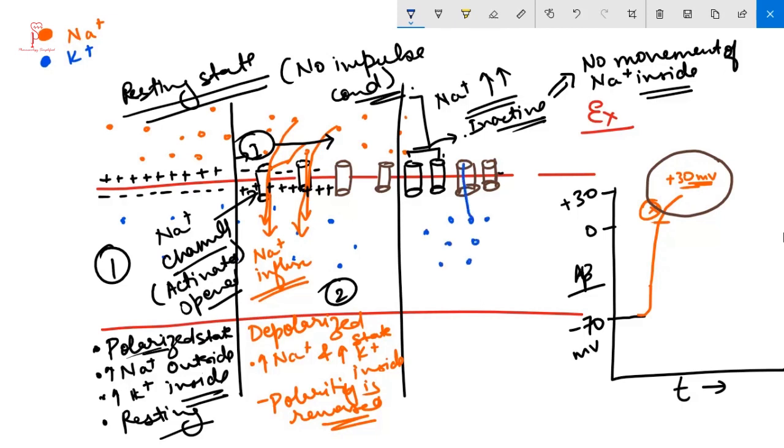So now this potassium that was previously present inside the cell will tend to move out of the cell, right? And when this moves out of the cell, since potassium has a positive charge, what will happen? This will start to fall.